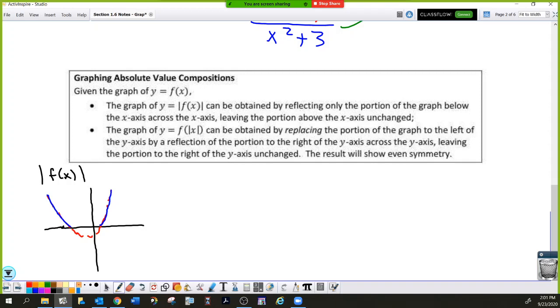But any part of the graph that had negative y values, the absolute value bars change them to positive y values. So the absolute value of f of x takes any part that was below the x-axis and reflects it to the top. Stuff that was already on the top gets left alone. That's kind of neat, isn't it?